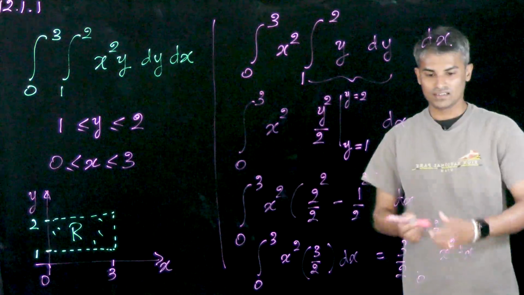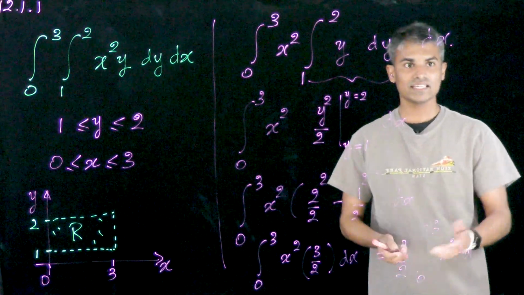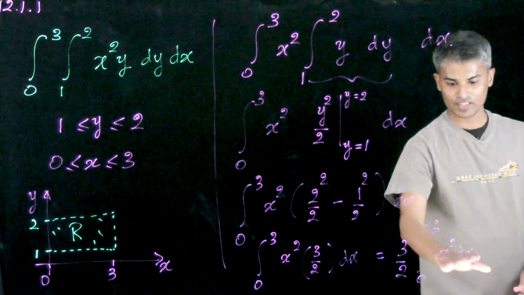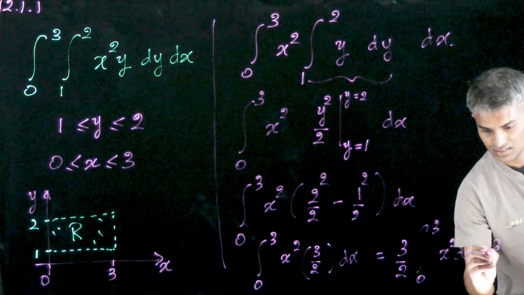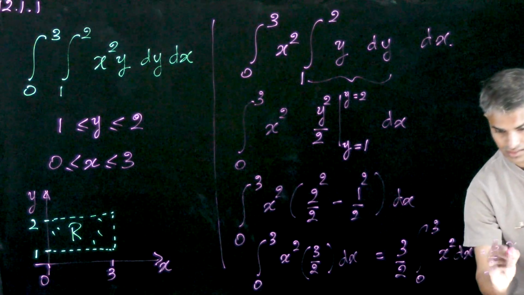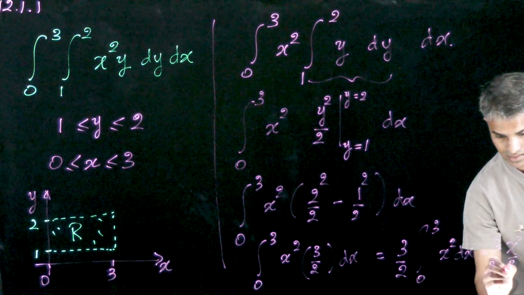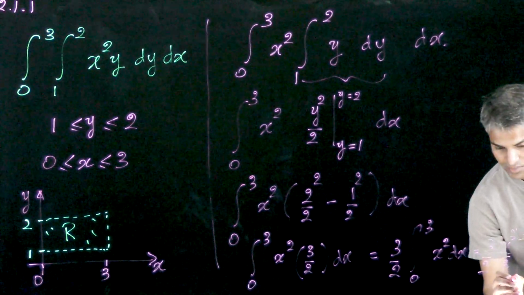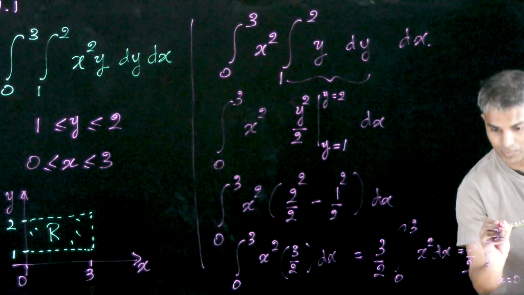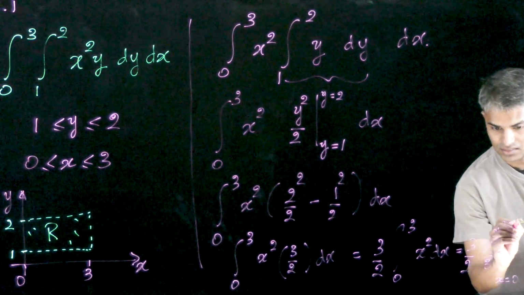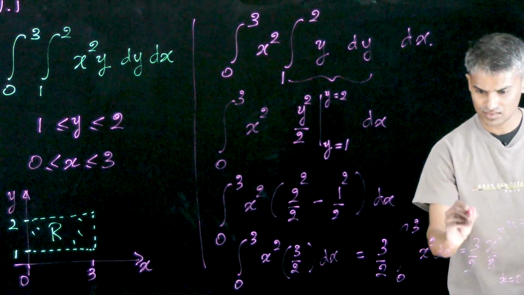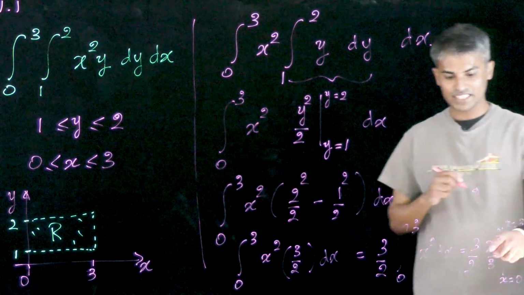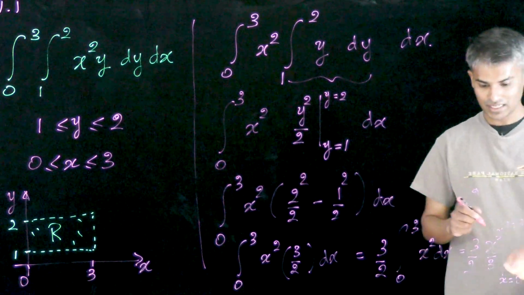Okay. Now this is a very simple integral. Integral of x squared with respect to the x variable is x cubed over 3. And your lower limit of x is 0, upper limit of x is 3. Okay. Now apply the upper limit, which is 3.